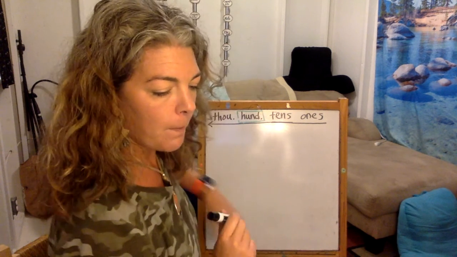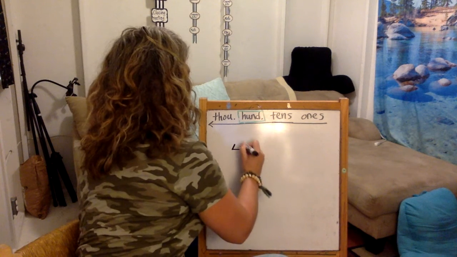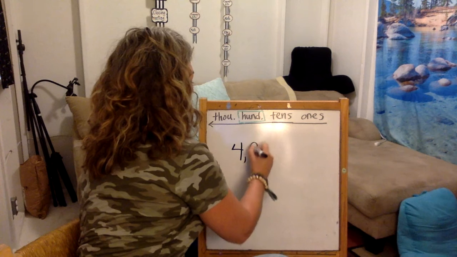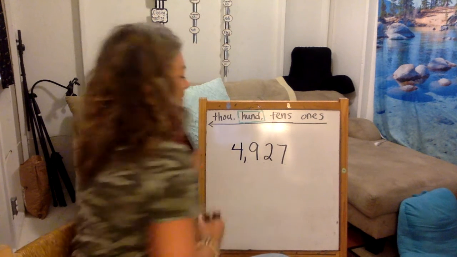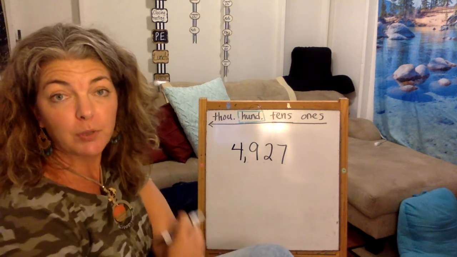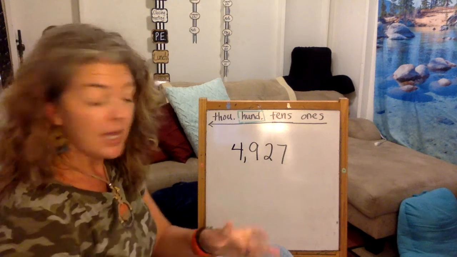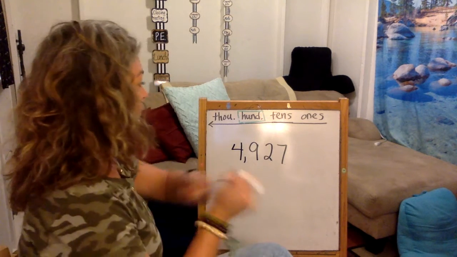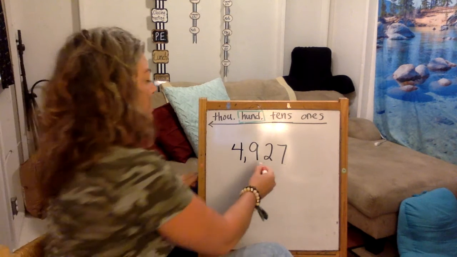I'm going to do 4,927. Put it on your board, your whiteboard, or your paper also. 4,927. Today we are rounding to the hundreds place.